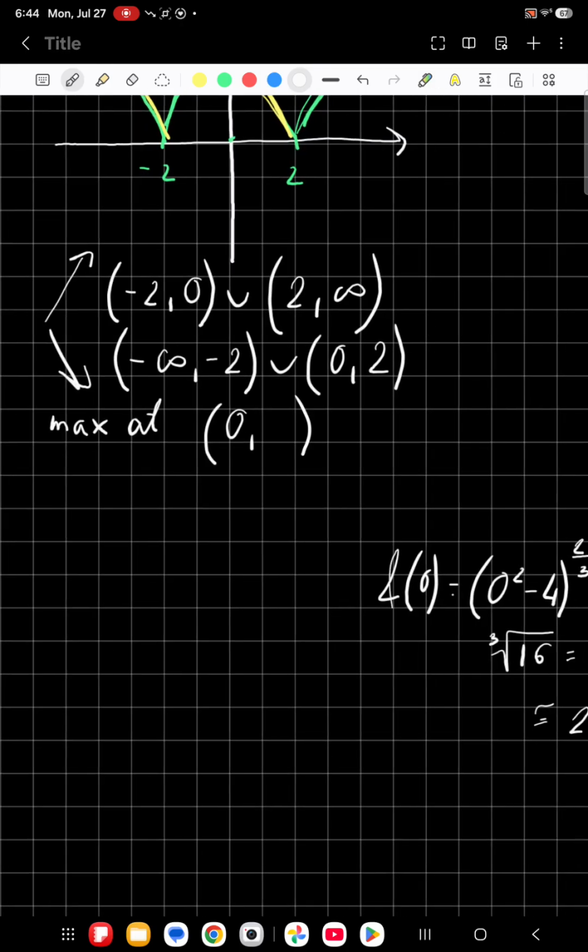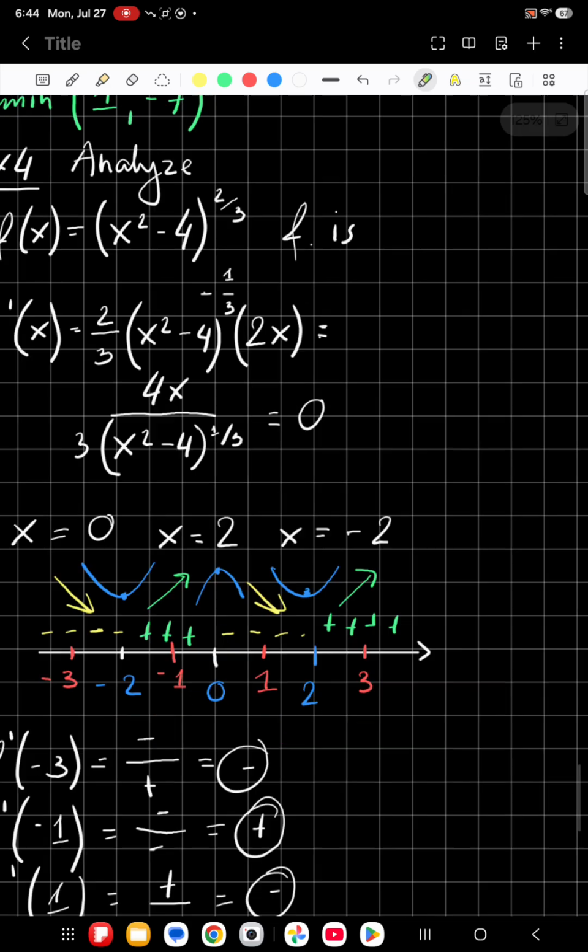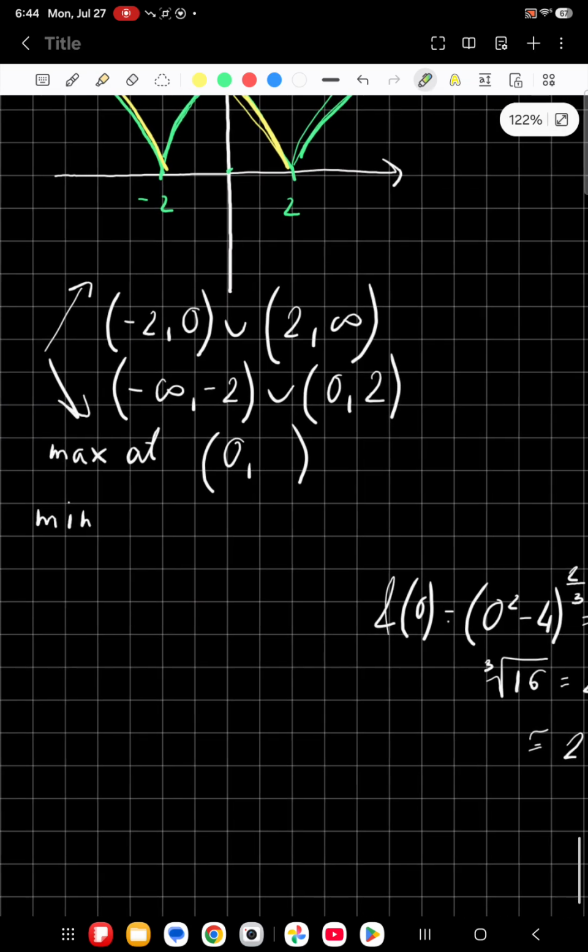So that was the maximum, and we had 2 minima, right? So we had minimum at negative 2 and positive 2. I'm looking at this part here and this part. So we had minima at negative 2, 0 and 2, 0.